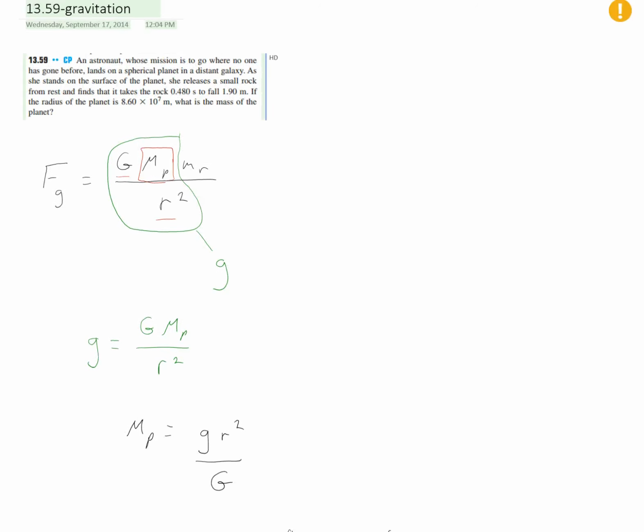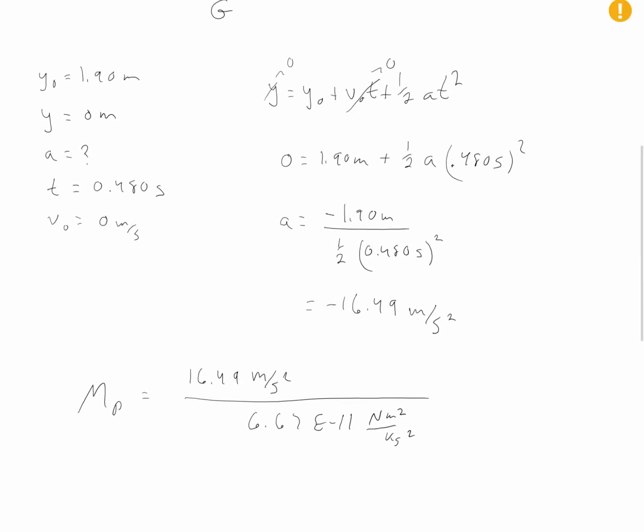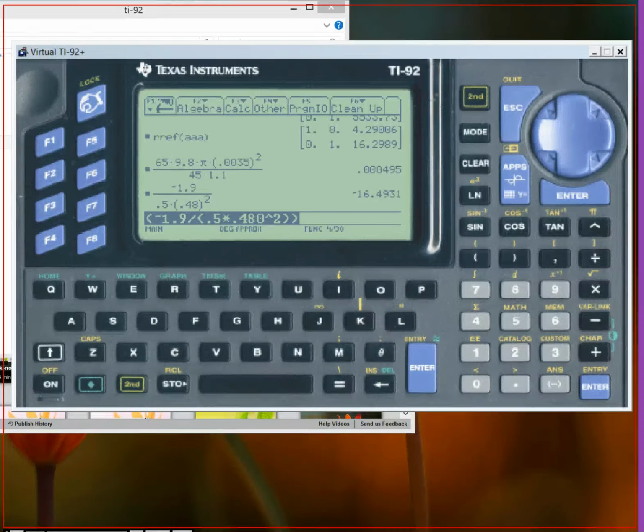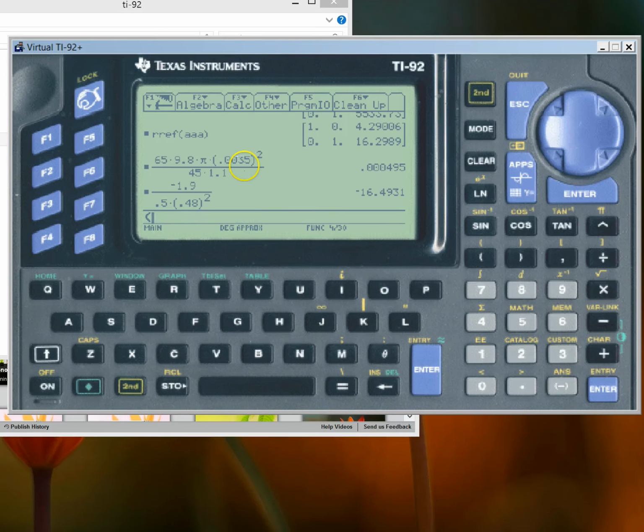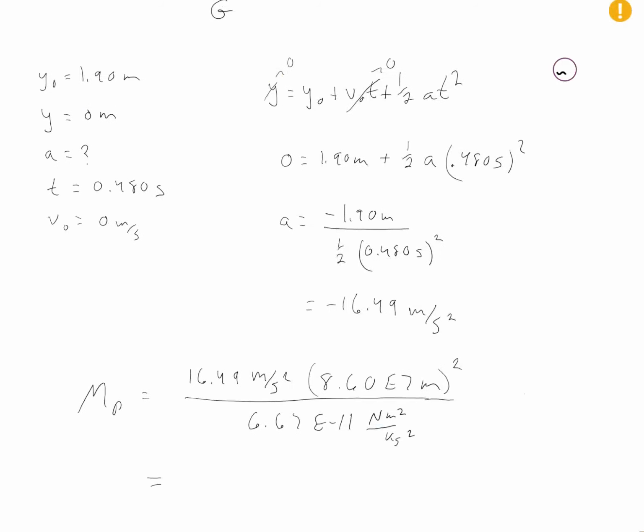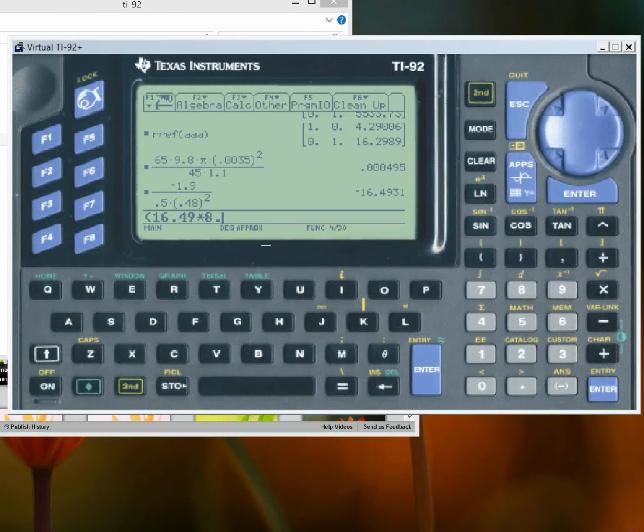Radius, 8.6 to the 7th. And then now I can put this in my calculator again. 1649 times 8.6 to the 7th.